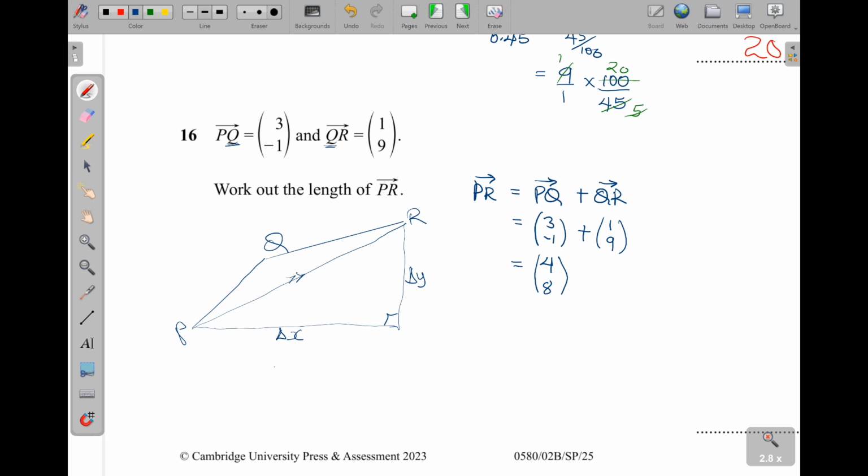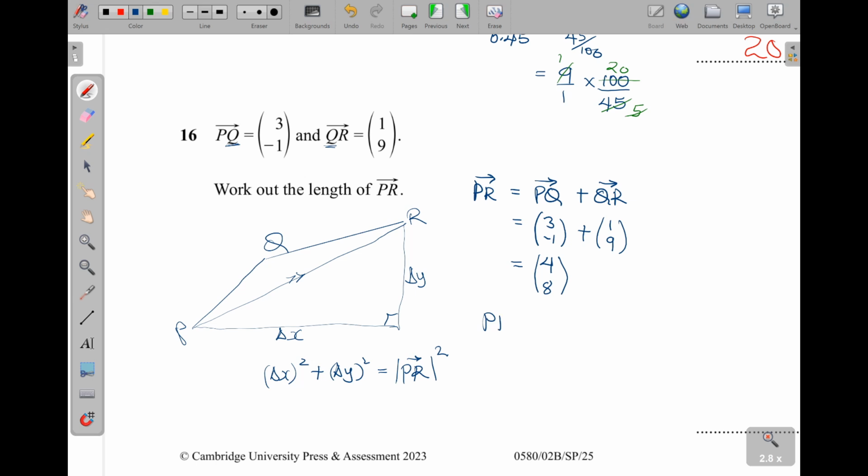So the change in X squared plus the change in Y squared will give us the length of PR also squared. Then we take the square root.